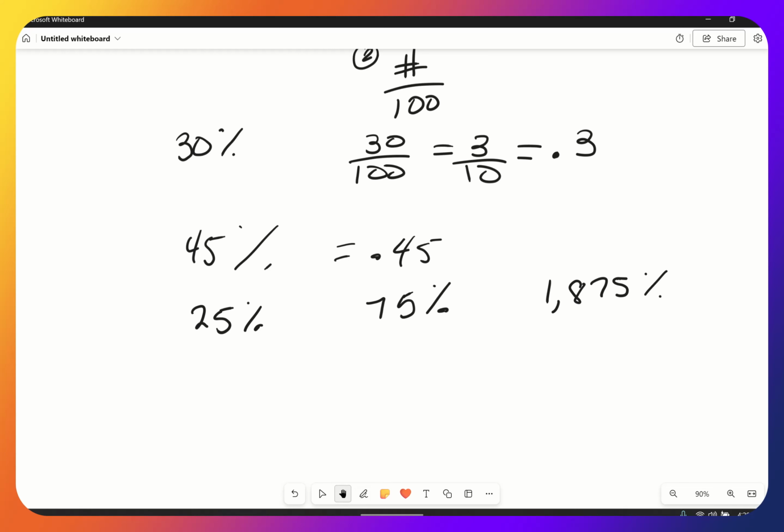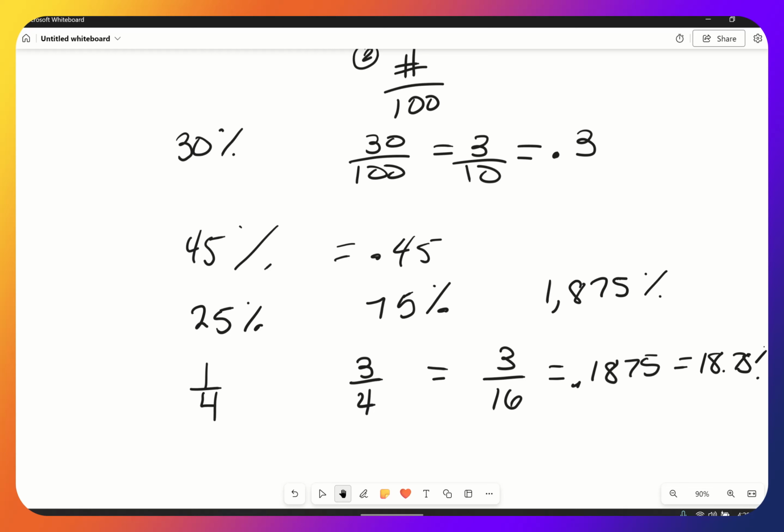You just can't do that. 25% is 1/4. 75% is 3/4. When you multiply these normally, in the fraction form, you get 3/16. And this is actually 0.1875, or 18.75%.